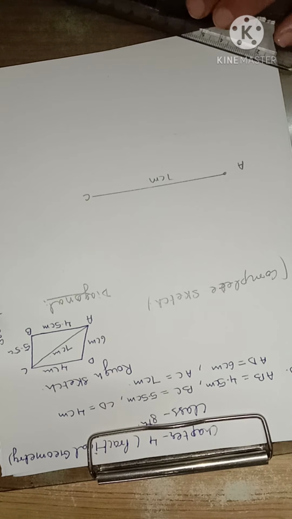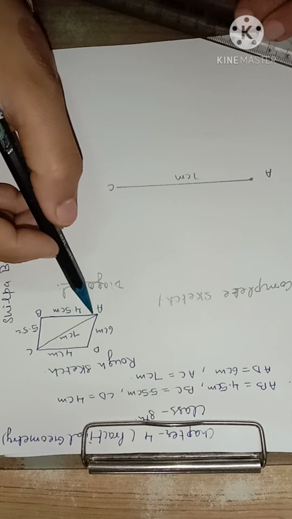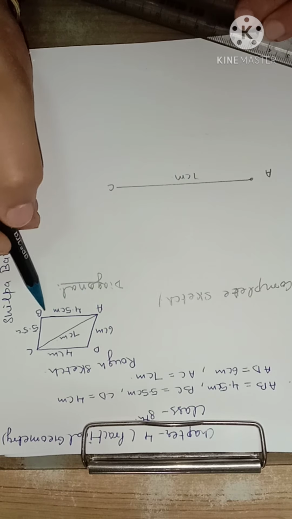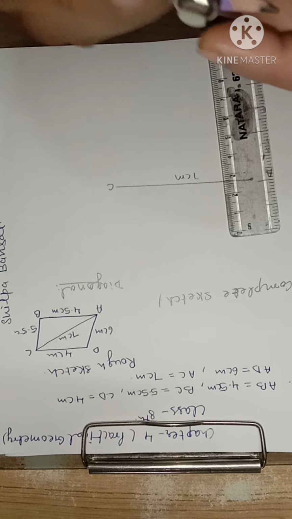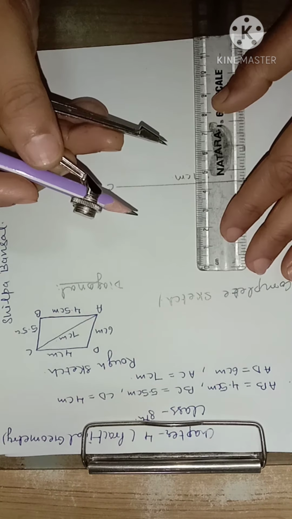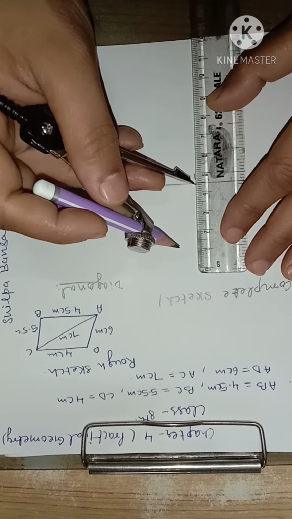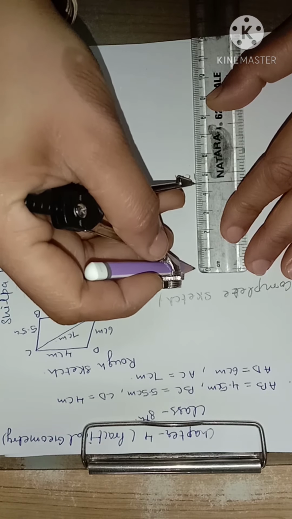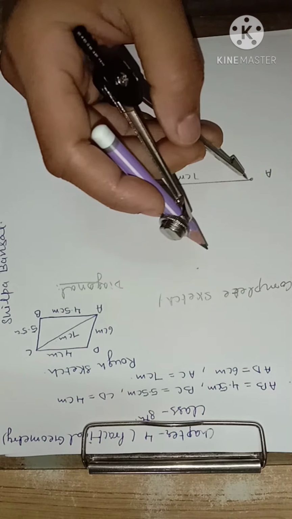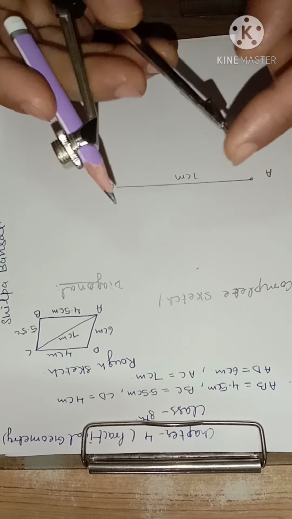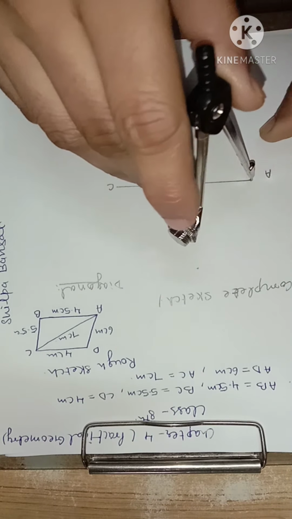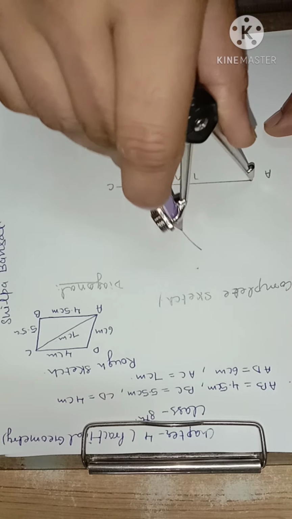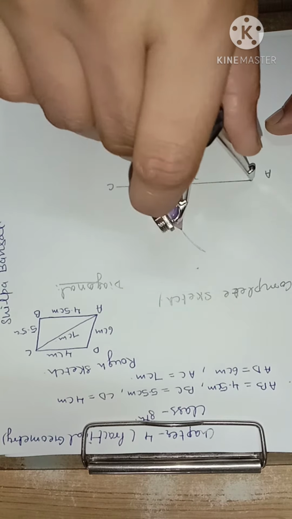Now see, from the rough sketch, the distance from A to B is 4.5 centimeters. Open a compass to 4.5 centimeters. Keep the tip of the compass at point A and, to make a radius, draw an arc on the upper part.